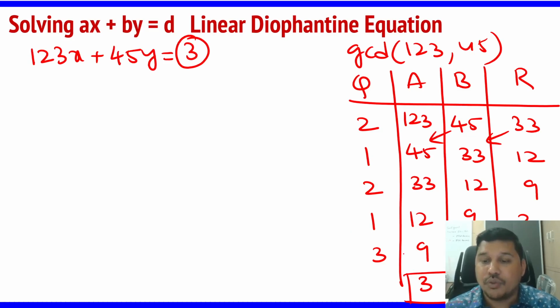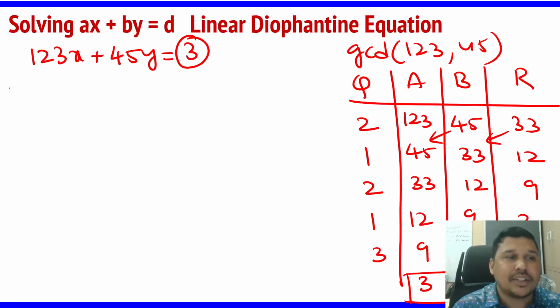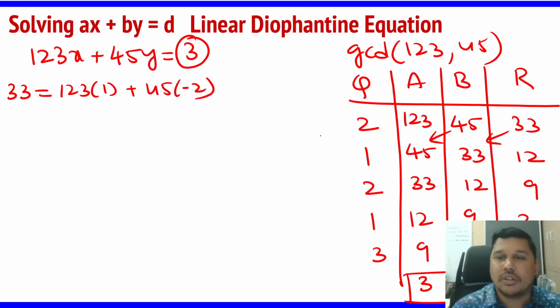Now let us write the equations for the remainders. So what are the 4 equations? 33 is equal to 123 of 1 plus 45 of minus 2, because this quotient is minus 2. Then the next equation for 12: 12 is equal to 45 into 1 plus 33 into minus 1.